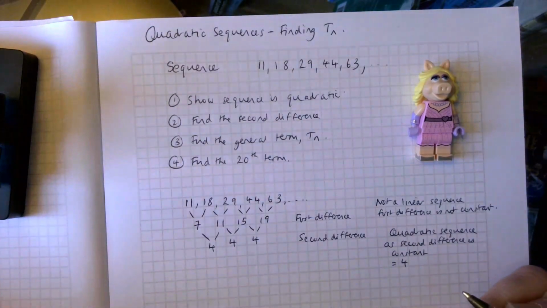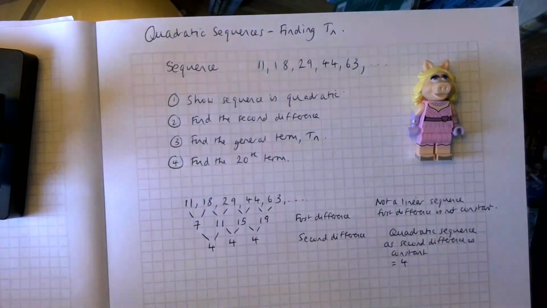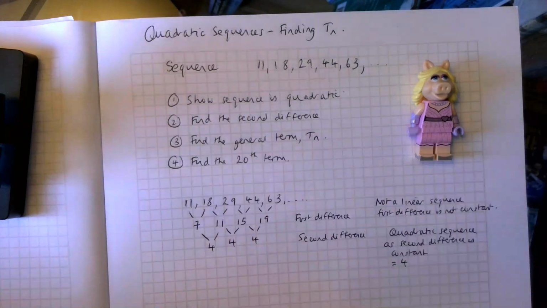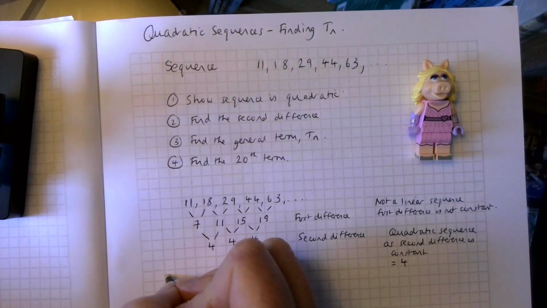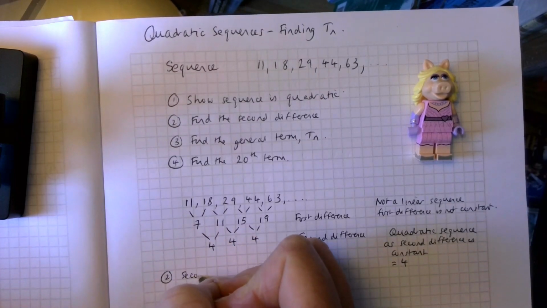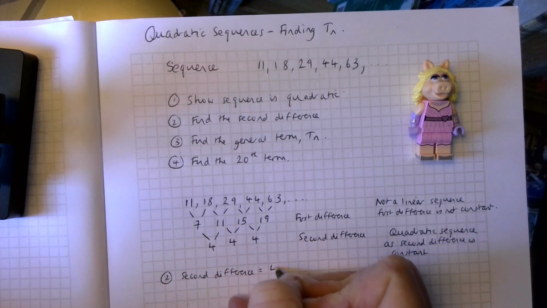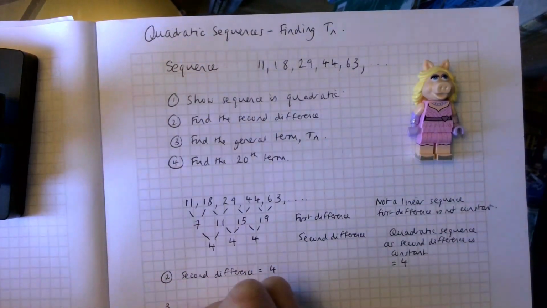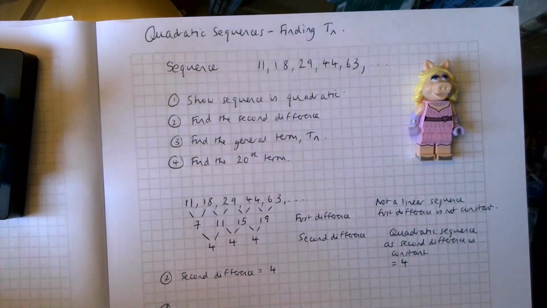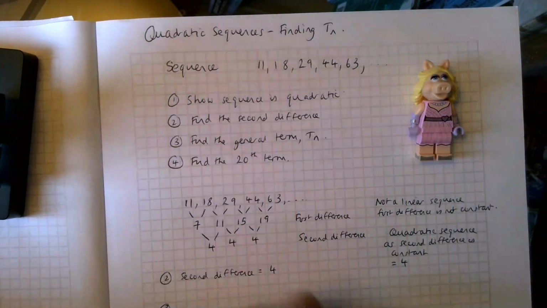So we've shown that this sequence is quadratic, and it's enough to do that. The second thing is to find the second difference. Well, we've done that. So part 2 is second difference is equal to 4. Now part 3, to find the general term. The thing about the general term, there's a couple of things.